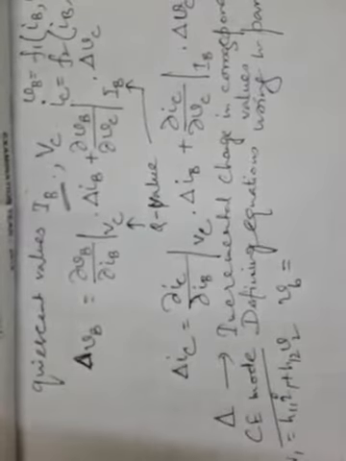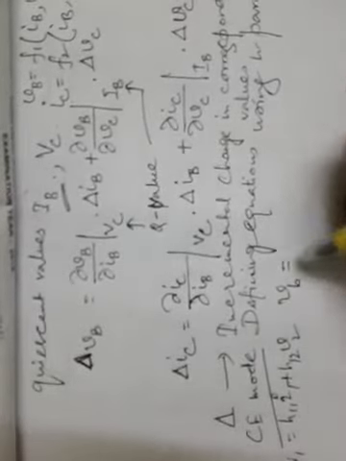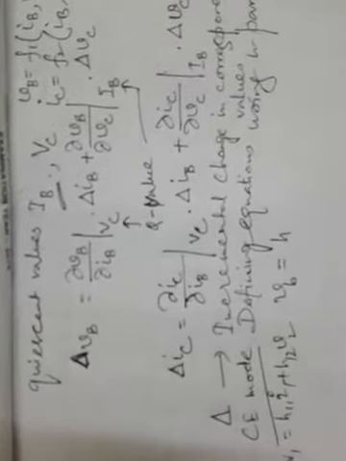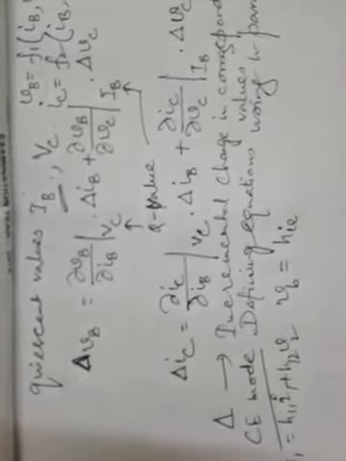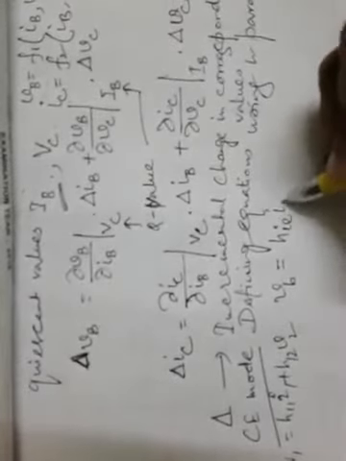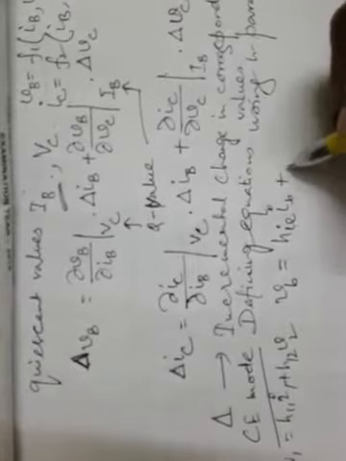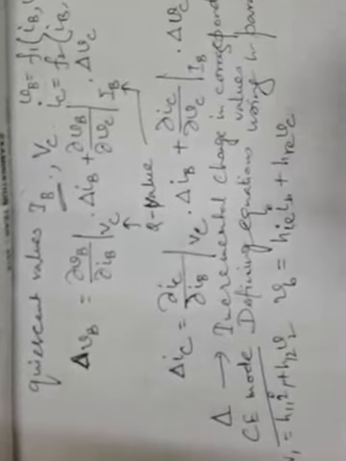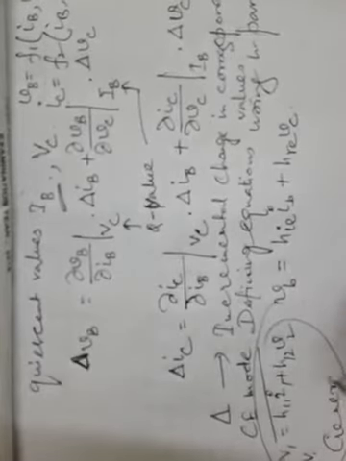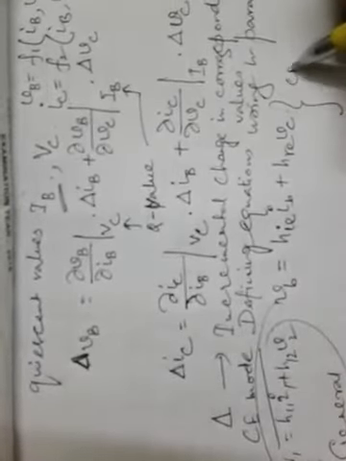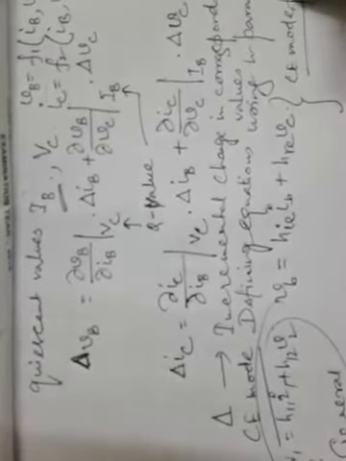So VB is nothing but H11. In the last lecture we have seen what H11 is. It is HIE, the input impedance. HIE means it is for common emitter mode. So HIE times the input current I1, that is IB, plus the second, H12, which was HRE, times V2, which here is VC. This is the general form, and these two forms are for CE mode, the forms of the H parameter equation.